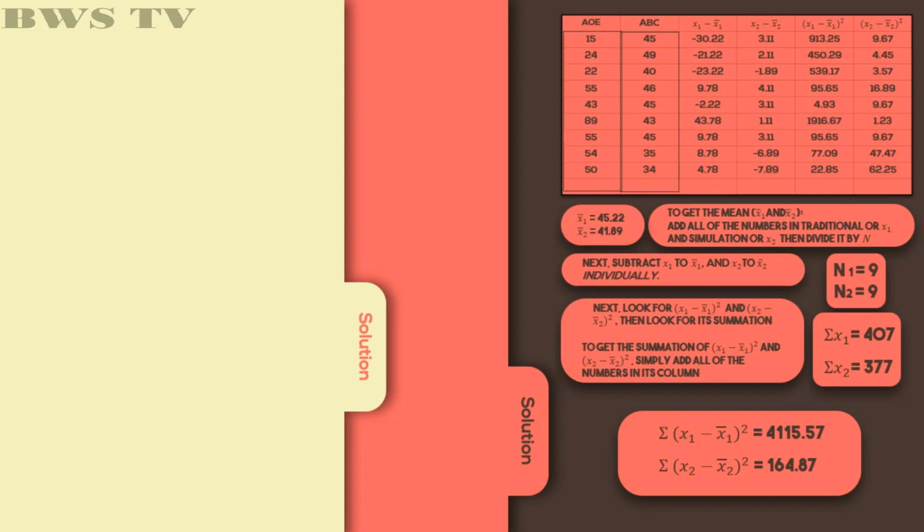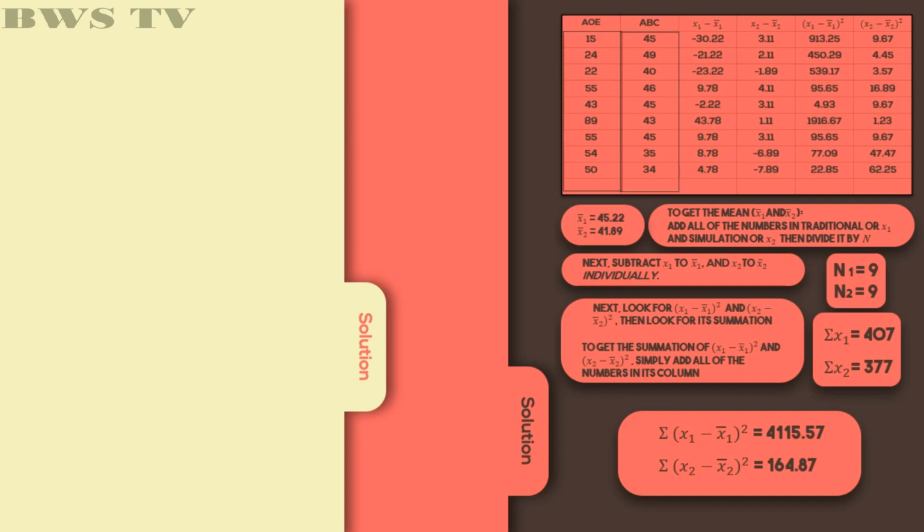Now, get the squares of those results. Get x sub 1 minus mean 1 squared and x sub 2 minus mean 2 squared. Get the summation of x sub 1 minus mean 1 squared and x sub 2 minus mean 2 squared. Summation of x sub 1 minus mean 1 squared is equal to 4,115.57 and summation of x sub 2 minus mean 2 squared is equal to 164.87.